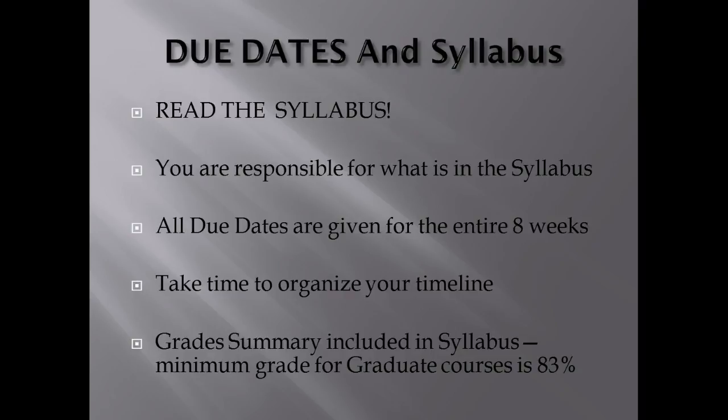But again, be sure you are familiar with due dates and what's in the syllabus. Be sure to take time to organize your timeline and figure out how you will organize your assignments. There is a grades summary included in the syllabus, and I want to bring your attention to the fact that a minimum grade for a graduate course is 83%.